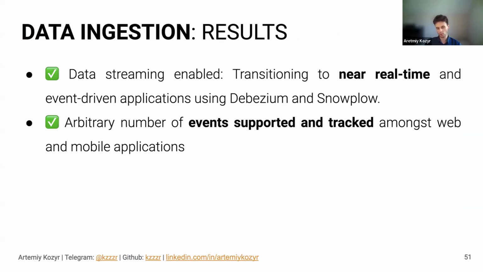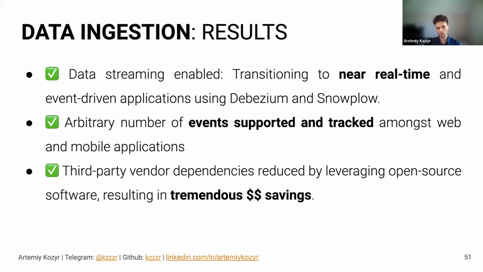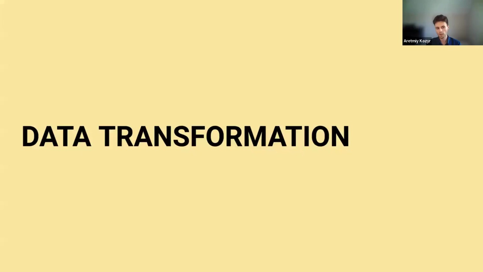So you always capture relevant information about what's happening with your product. And then third-party event dependencies are reduced by leveraging open source software. It results in tremendous cost savings.